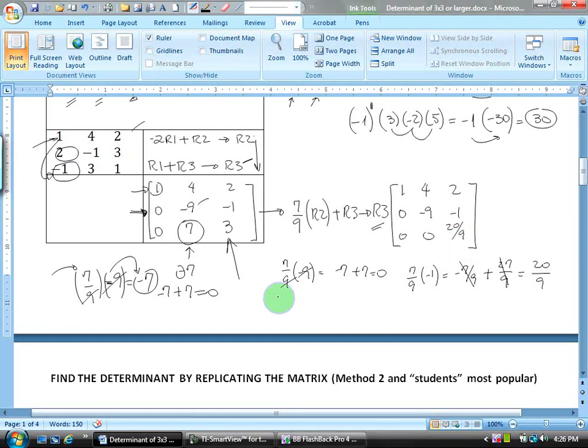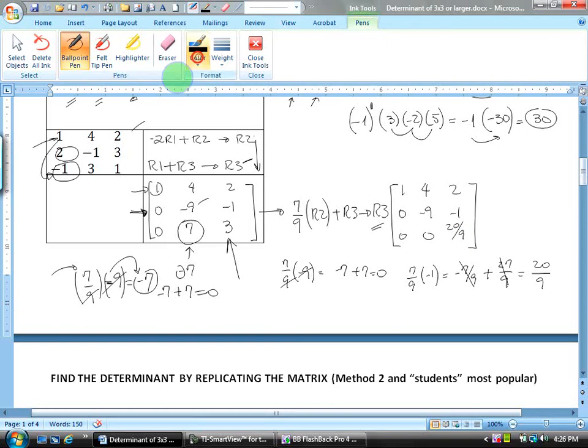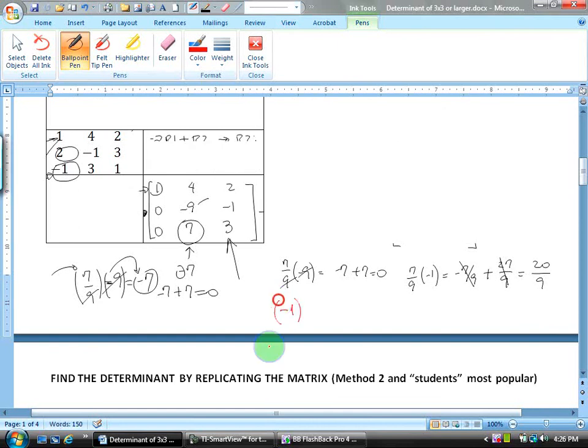What is the determinant? I'm going to put this in red now because it's getting a little tight there, and I do want you to see the solution nicely. So that's minus 1 to the power of how many row interchanges we did. In this operation, we did not do any row interchange, 0.